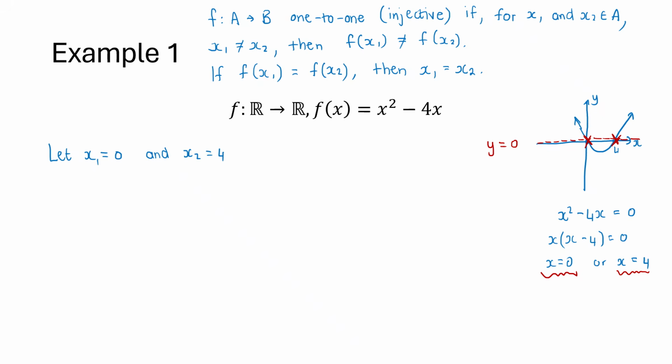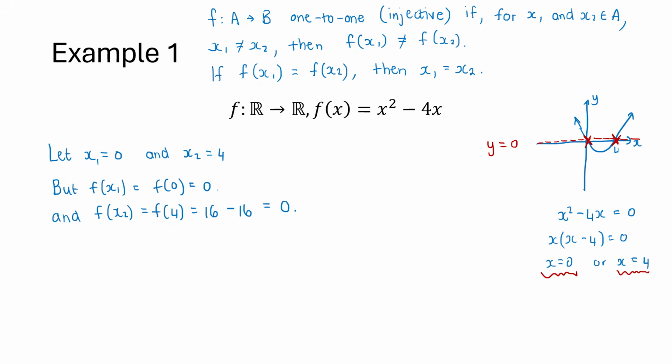They are clearly from the domain and they are not equal to each other, but f at x1, which is f at 0, is 0, and f at x2, which is f at 4, is going to be 16 minus 4 times 4, which is 16 minus 16, equal to 0.